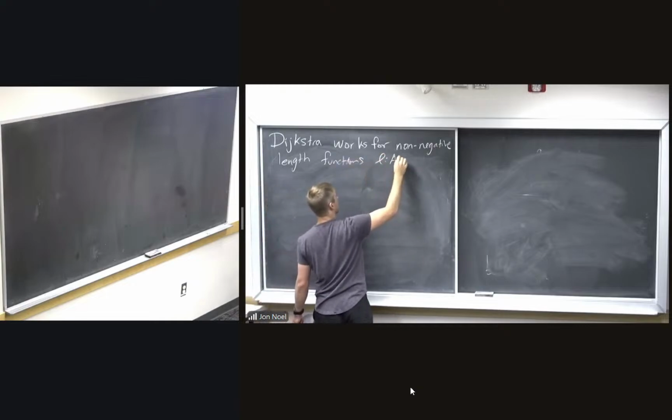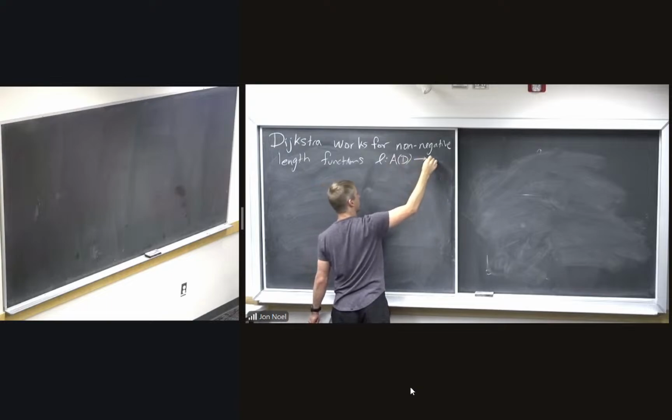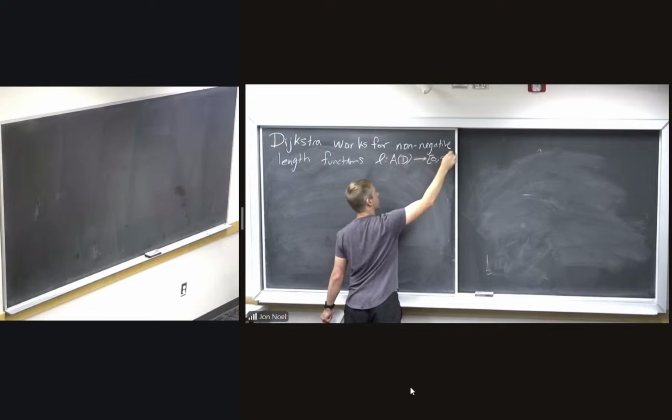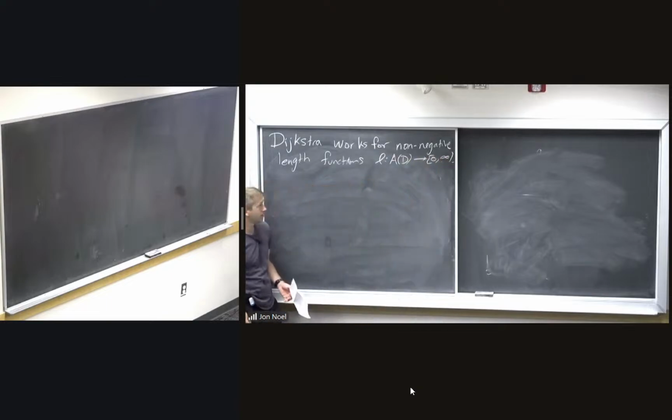The length function maps every arc to a non-negative real number, which is pretty natural for a shortest path problem. If you have a network of some sort and want to find the shortest path, usually you won't have a negative distance from here to somewhere else. But in principle, you might be interested in solving this problem for other length functions.